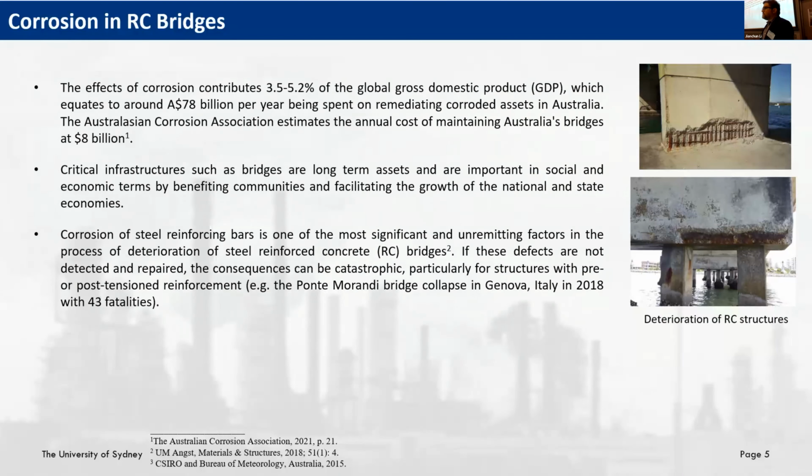The estimate is roughly $8 billion per year spent on corrosion remediation, repair and rehabilitation. This makes it very challenging for our asset owners to keep up with this corrosion process and have more sustainable and long-lasting infrastructure.